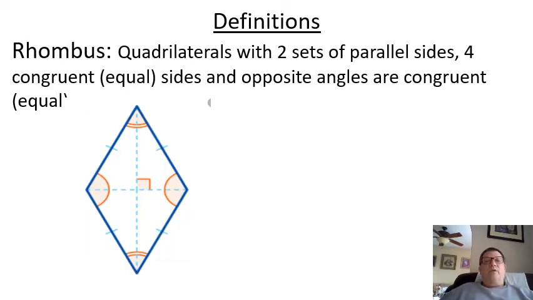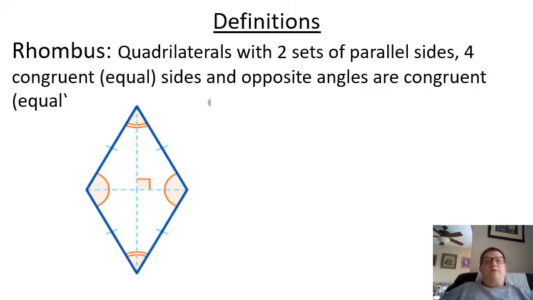Okay, so here we have a rhombus. And a rhombus is a quadrilateral, meaning a four-sided polygon, with two sets of parallel sides, four congruent, equal sides, and opposite angles are congruent, which means equal. Now notice when we were talking about a rectangle, it had two sets of parallel sides, but it didn't have four equal sides. Opposite sides were equal.